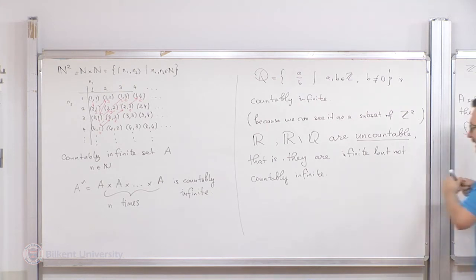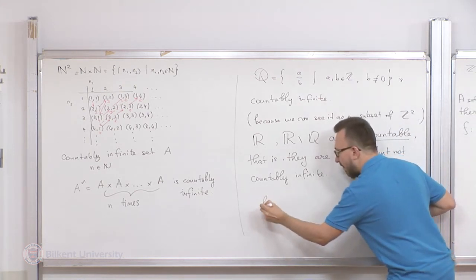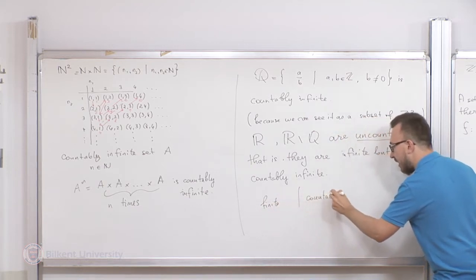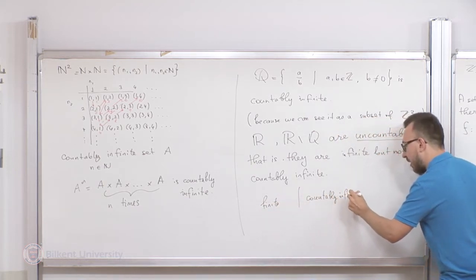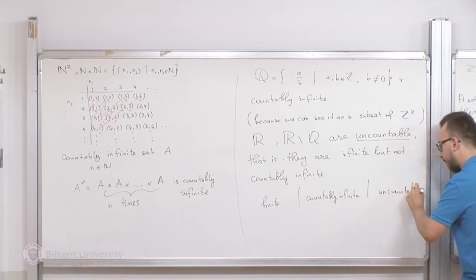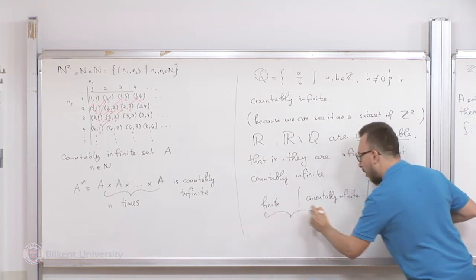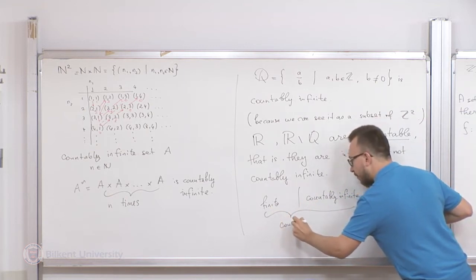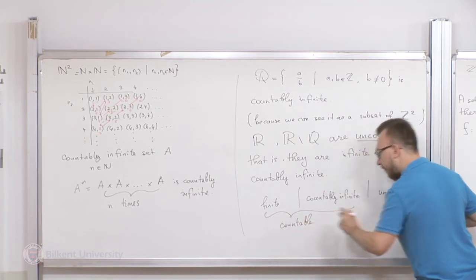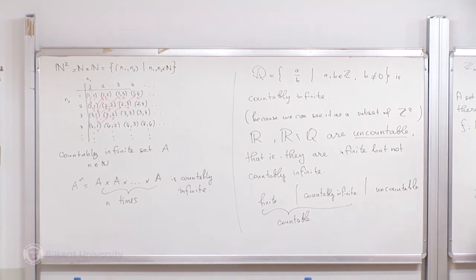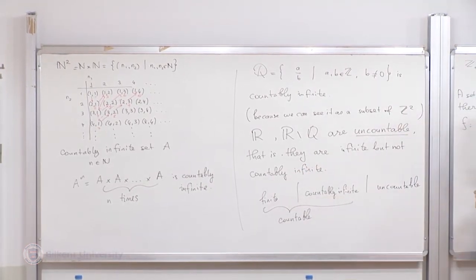So we have our classification of sets. There are finite sets, countably infinite sets, and uncountable sets. And sometimes we call finite or countably infinite sets countable, just countable. Well, finite sets are finite, right?